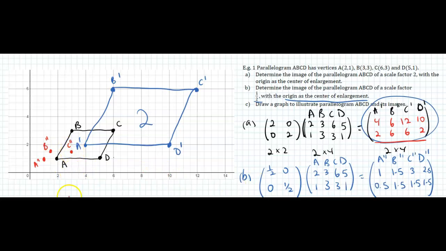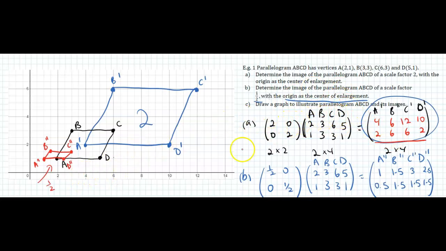C double dash, and D double dash. Now connecting these red dots, this one is a scale factor of a half. So this is how we do this particular question using the matrix method.